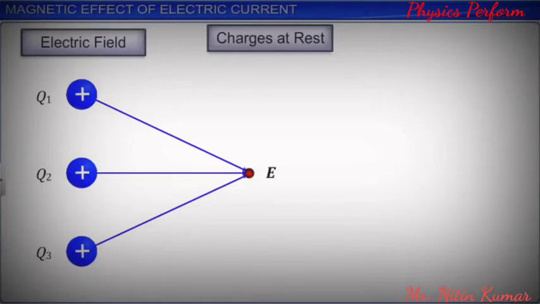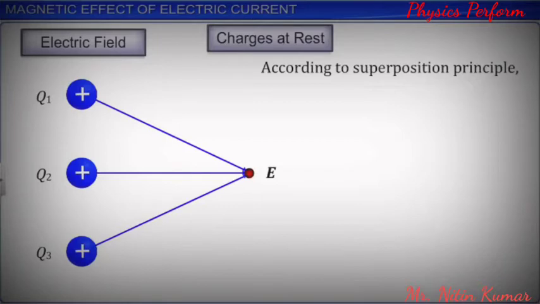This is called the principle of superposition. If E1, E2 and E3 are electric fields due to charges Q1, Q2 and Q3 respectively at point P, the resultant electric field at point P is E = E1 + E2 + E3. This is with regard to charged bodies or charges at rest.